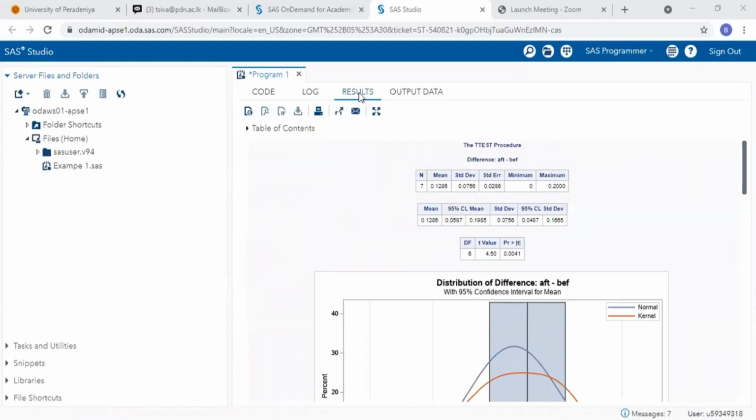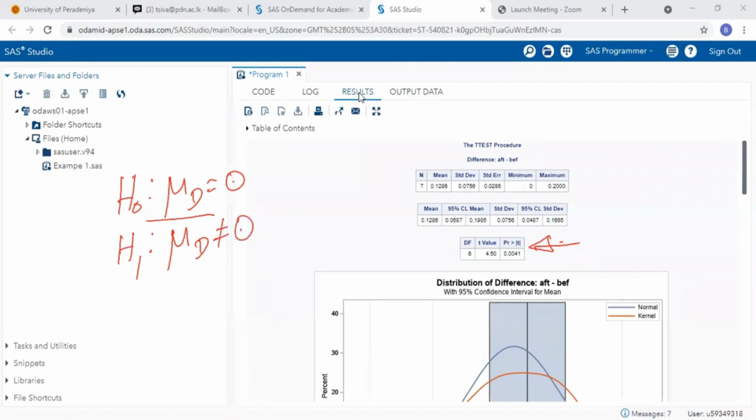The other way, we can look at this table. The null hypothesis is mu d equals 0. For the alternative, we could test mu d not equal to 0, but there is no point in testing that. Why?